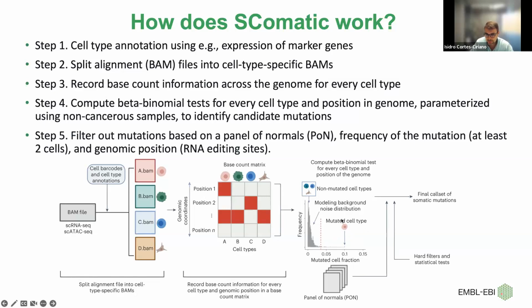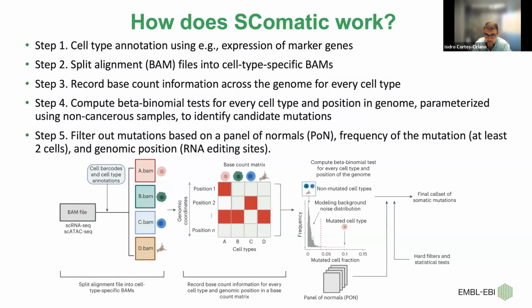And once we have identified those candidate mutations, we apply a set of filters to remove what are likely not somatic mutations. Here we use a concept that has been used widely in the cancer genomics field, which is a panel of normals.